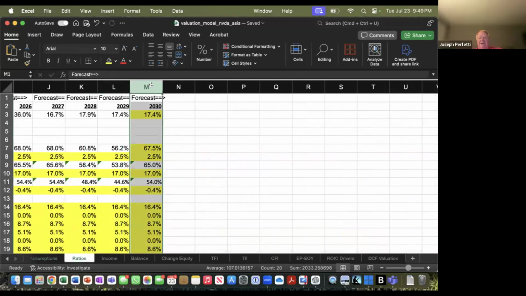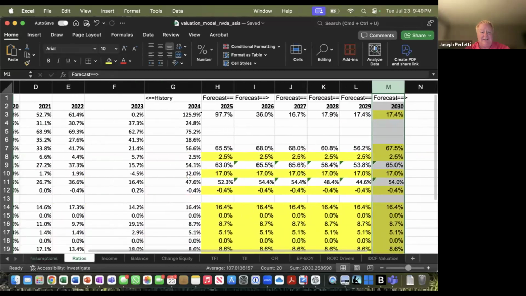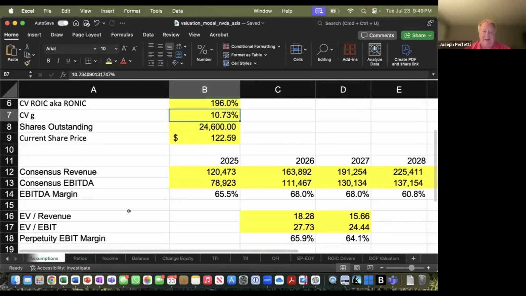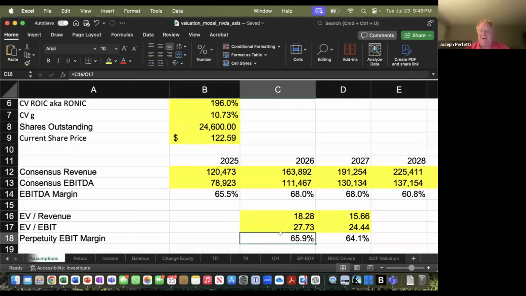This year is the beginning of our continuing value, perpetuity, terminal value, interchangeable terms. So the idea is I need to know what the perpetuity value is. It's not just the 2030 value, it's the very long-term EBIT and EBITDA margin. I know from multiples that if you divide the enterprise value to revenue multiple by the enterprise value to EBIT multiple, mathematically it gets you a perpetuity EBIT margin.